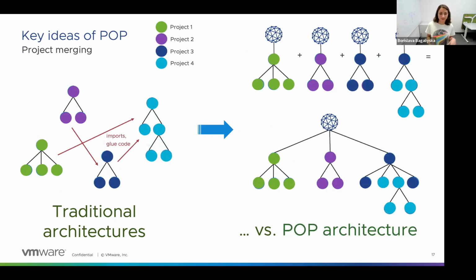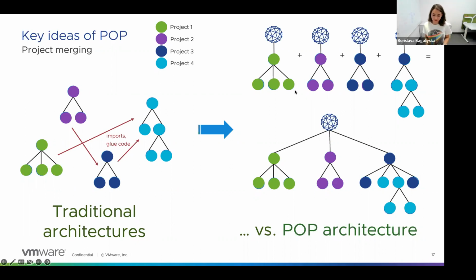So on the left, we have the same 4 projects. And if we want to use them, if we want to use one in the other, we do some importing logic, we do some glue code, and it gets kind of ugly. While on the right, the whole thing is the POP way of solving it. So you still have the 4 initial projects as shown above. I don't know if you can see the mouse.